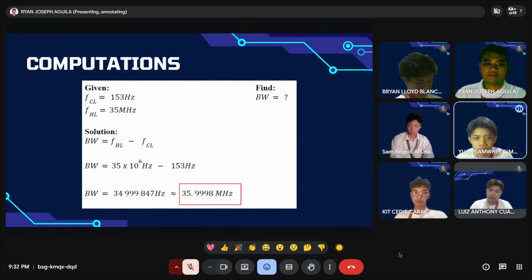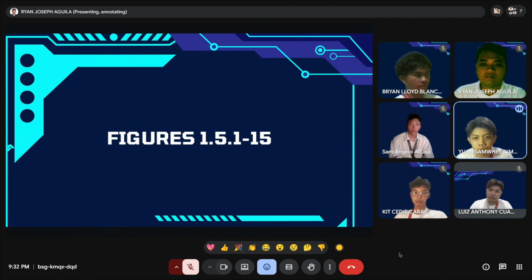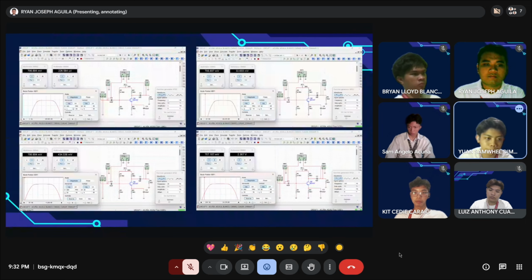So next slide, please. For figures 1.5.1 to 1.5.15, we will see here where we change different values for the frequencies and then check their output voltages. So next slide.